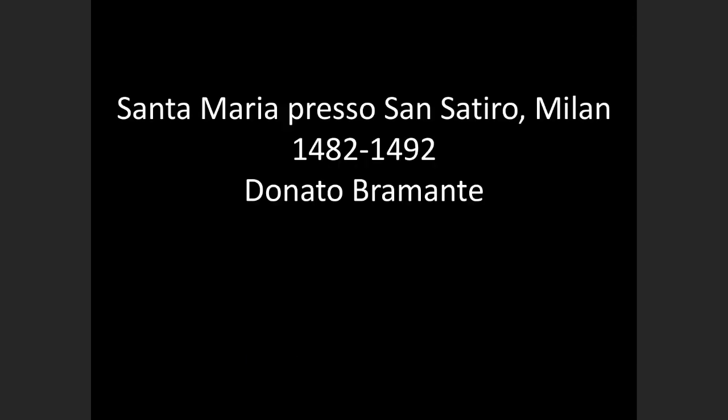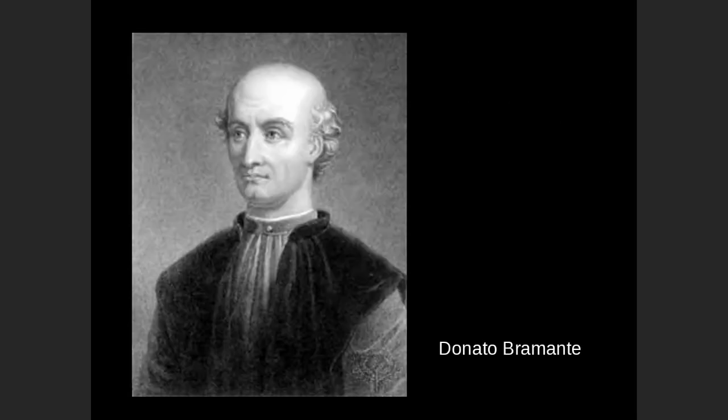So that leads us to talking more about Donato Bramante. One of the key figures still in the early Renaissance, and helps develop in several key projects. The first I want to talk about is Santa Maria presso San Satiro. This is in Milan from the 1480s, finished in 1492. Here is Bramante, very talented architect.